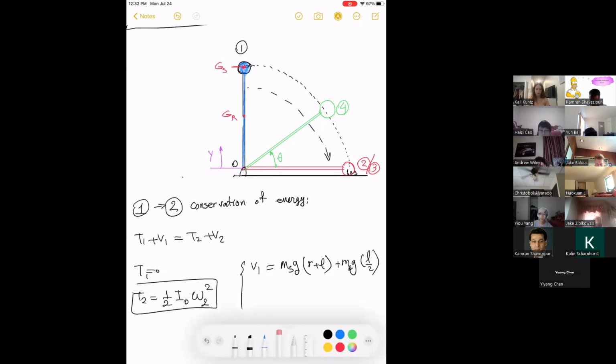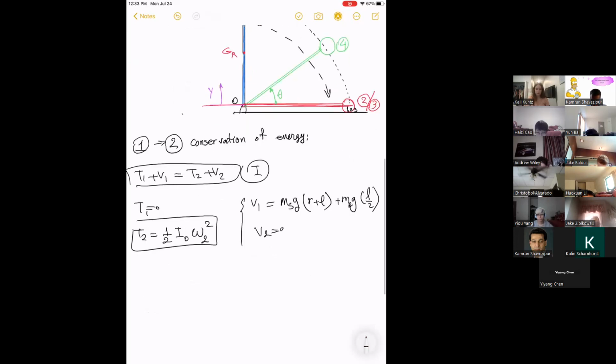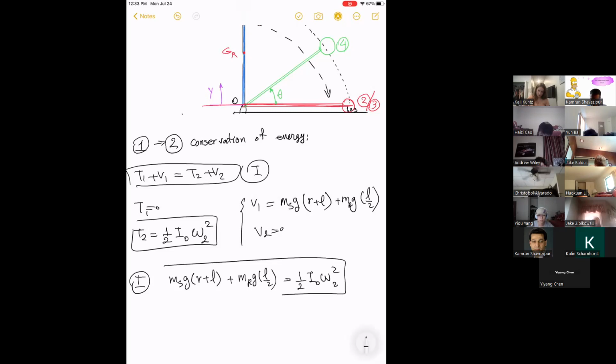Now, considering the entire system goes through this line, V2 is simply 0. Which means equation 1 will turn to simply M_S g (R plus L) plus M_R g (L by 2), all initial potential energy, is equal to half I_O omega 2 squared. And the only unknown here is omega 2.